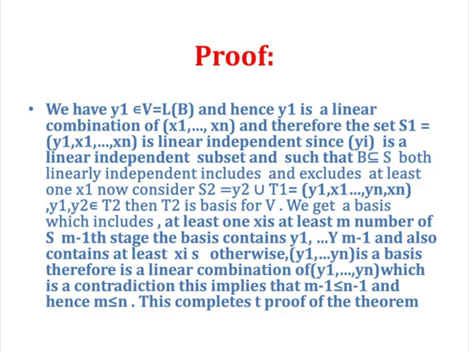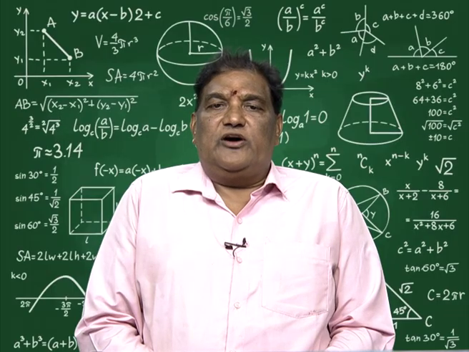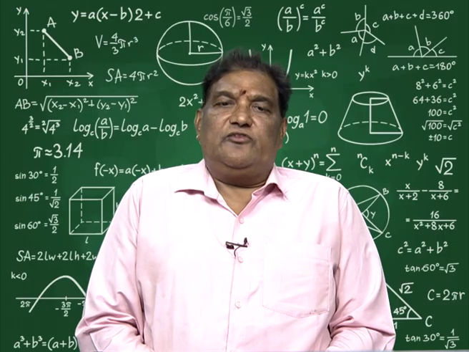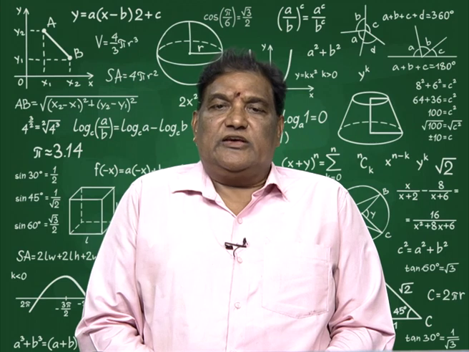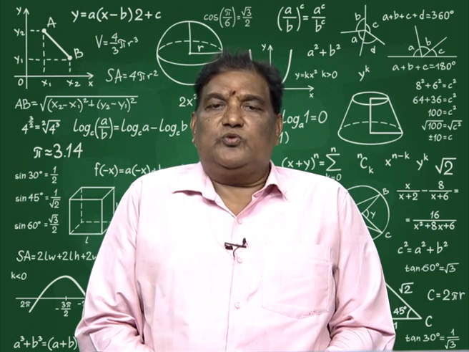Therefore, the set S1 equals y1, x1, x2, x3, etc. xn is linearly dependent, since the yi form a linearly independent subset, and B is a subset of S. Both linearly independent sets include and exclude at least one xi. Now, consider S2 equal to y2 union T1, that is y1, y2, x1, x2, x3, etc. xn.